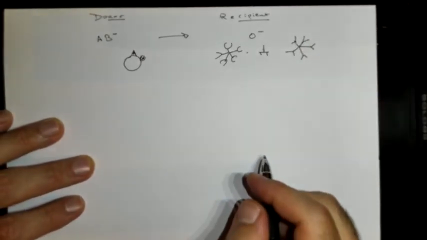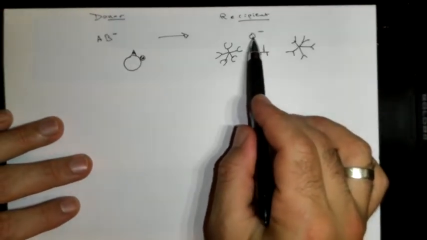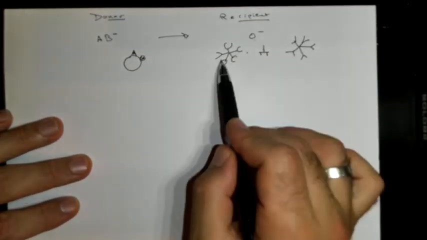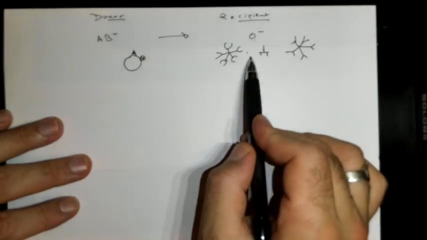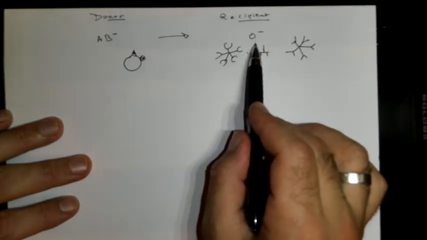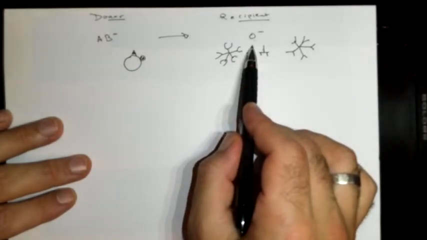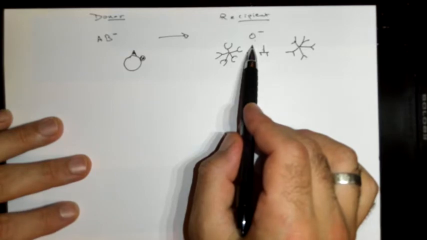So think about this. This O negative person has a lot of attackers inside its plasma. So in general, if you think about O negative, we're going to have a hard time finding a match for a donor to donate to O negative.